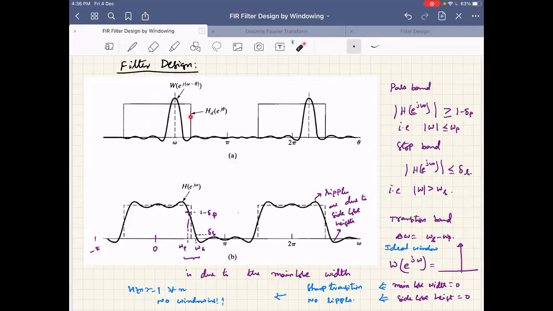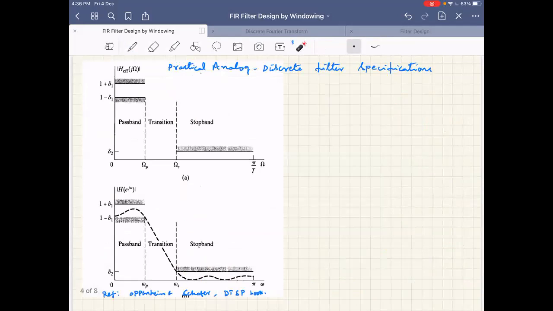As we discussed, we define the transition band, and we also define the stop band and pass band for the low pass filter. The specifications are given not just in terms of the cutoff frequency, but in terms of the cutoff frequencies for stop band and pass band, and then the attenuations.